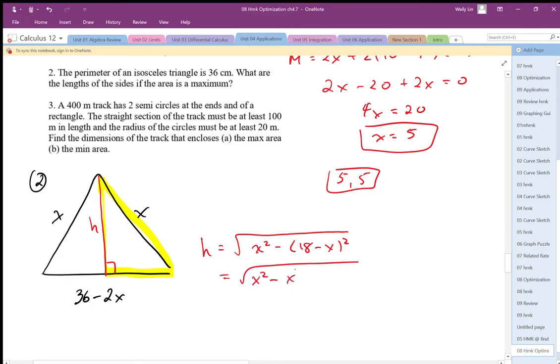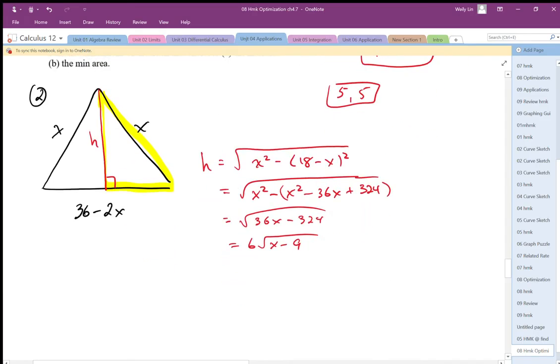That's going to be minus x squared minus 36x plus 324. Okay, so the x squareds cancel out, so I'm going to end up with the square root of 36x minus 324. Factor out the common factor, perfect square, and I get a little bit simpler looking expression. Okay, so there's my height.